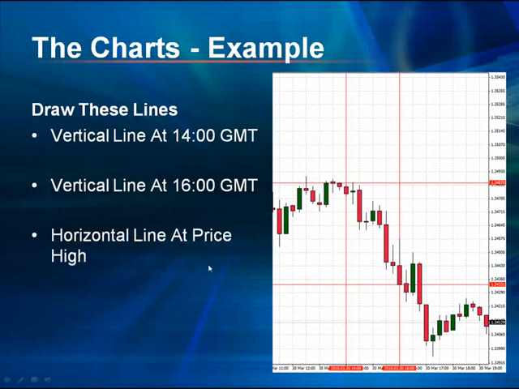And we want to draw a horizontal line at the high price point. In this case, it was 1.34870. We just draw a line there. And we draw another horizontal line at the low price point of the time in between those 2 lines, again just a single click. Let's show you this in MetaTrader, and then we'll move on and talk about the rules of trading.